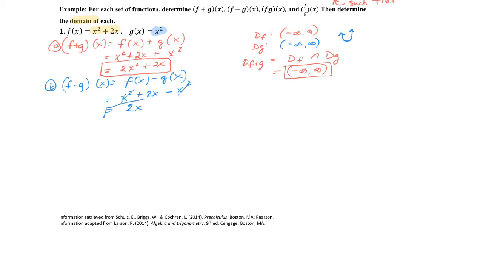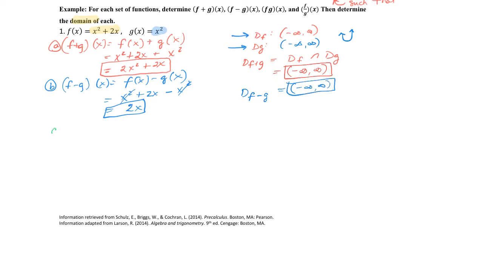And my answer is 2x. Okay. Again, when I look at the domain, I'm looking at the domain of f minus g. So I consider the domain of f, which we found above, and the domain of g. And I know that the intersection of those is the domain of the composed function, and this, of course, is negative infinity to infinity.